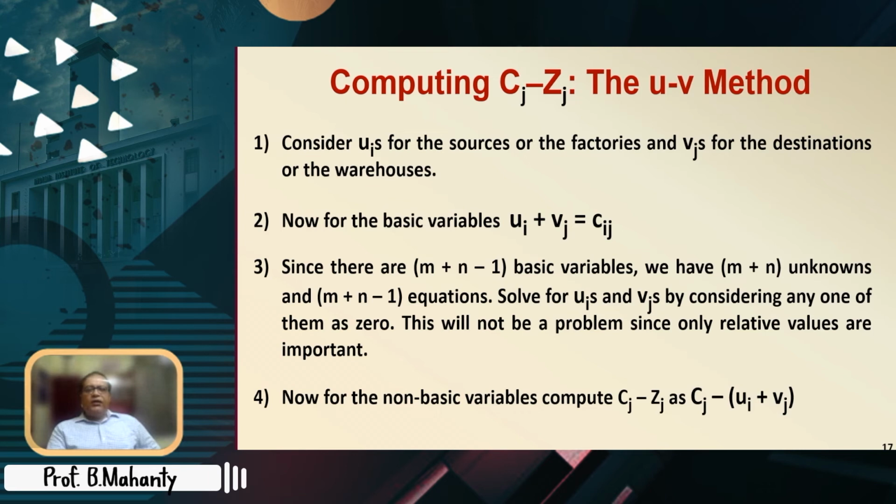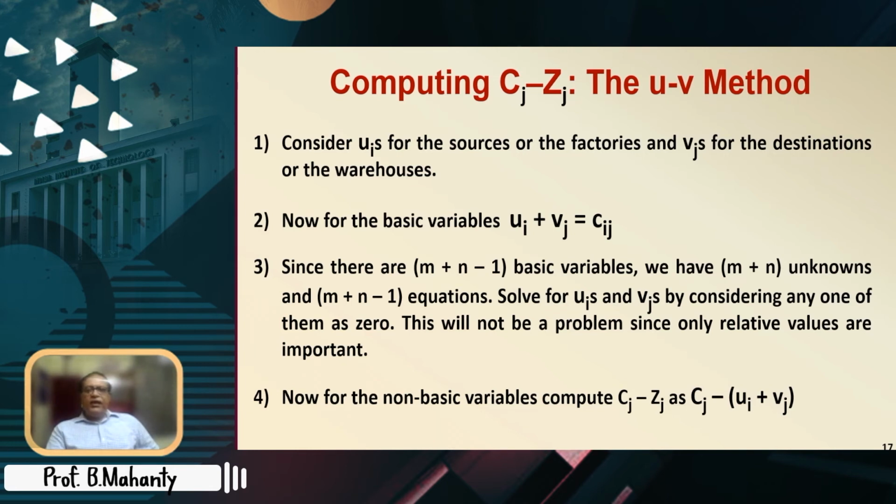But because only relative values are important, you can start with one of the Ui's or Vj's as zero, and this will not be a problem. One example I'll show you, then it will be clear.